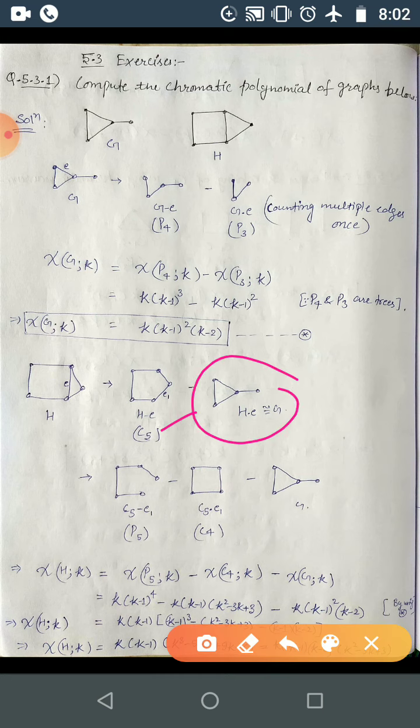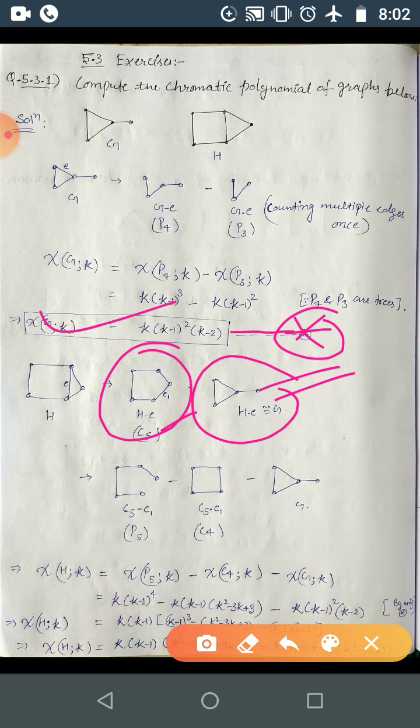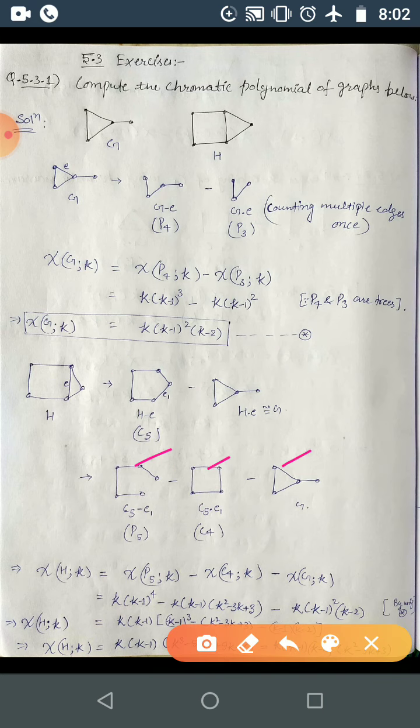Here I will be using this star equation. Suppose this is the star equation. I will use this one to write the chromatic polynomial of H minus E and H contracted E. For C5 I already discussed how to calculate: C5 minus some edge and C5 contracted on some edge, you will be getting P5 and C4, and this is G, correct? So this is done.